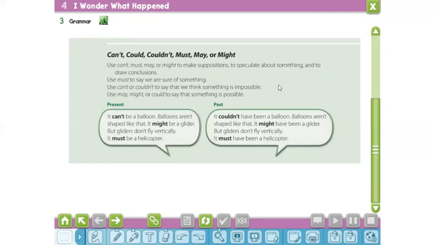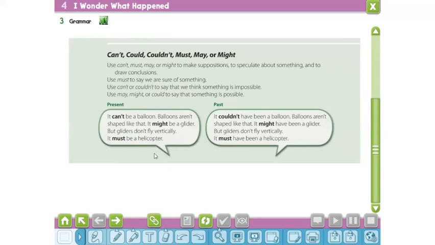So to make suppositions, to suppose what's gonna happen, to speculate, to expect about something, or to draw conclusions. But we use must to say we are sure of something. We use can't or couldn't to say that we think something is impossible to happen. And we use may or might or could to say that something is possible to happen.